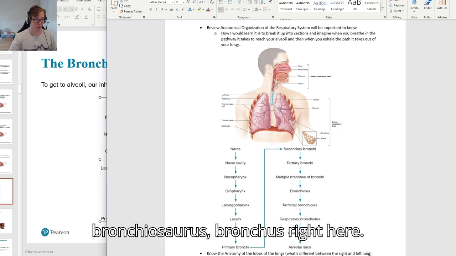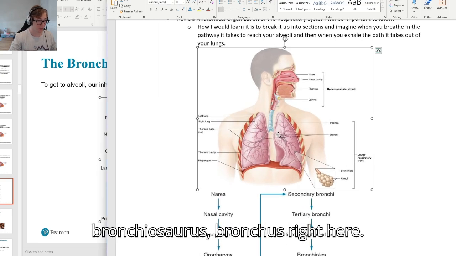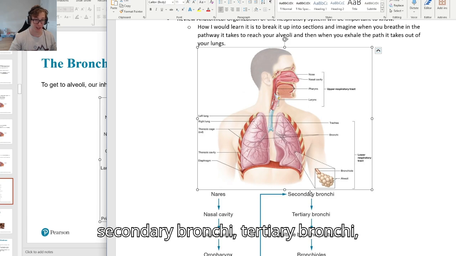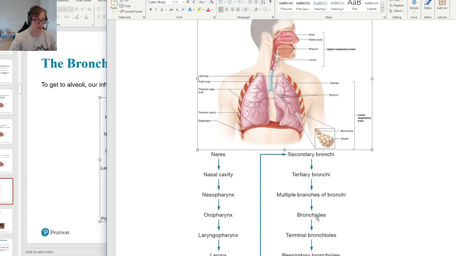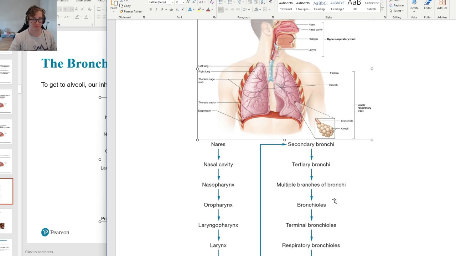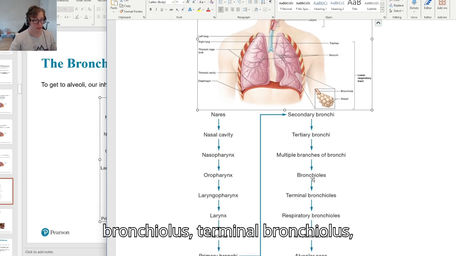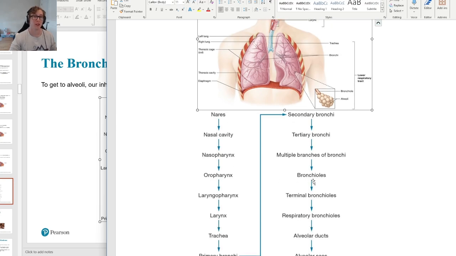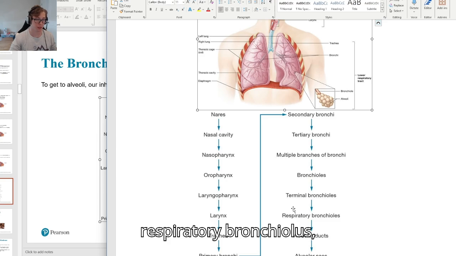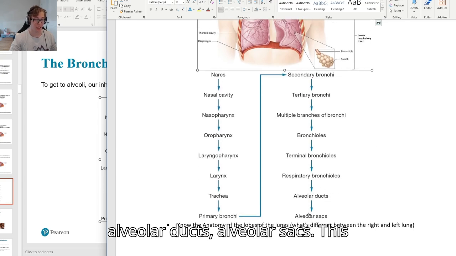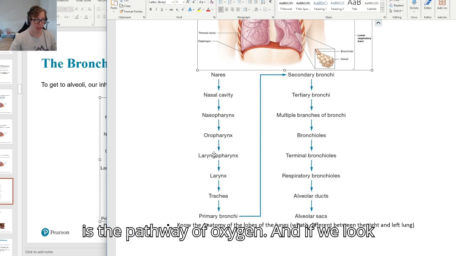Remember, think about bronchiosaurus, bronchus right here. Secondary bronchi, tertiary bronchi, multiple branches, bronchioles, terminal bronchioles, respiratory bronchioles, alveolar ducts, alveolar sacs. This is the pathway of oxygen.